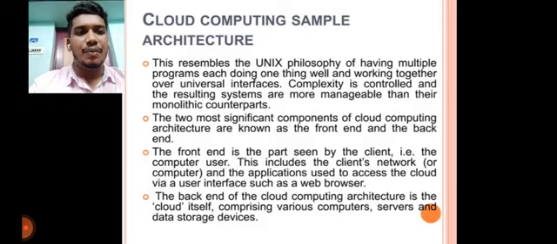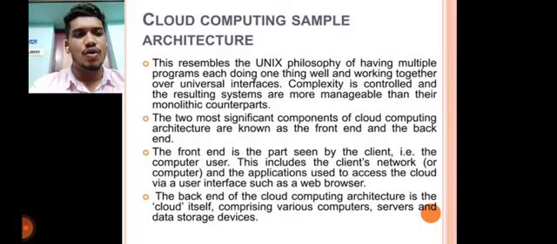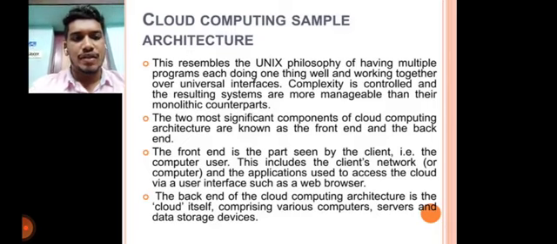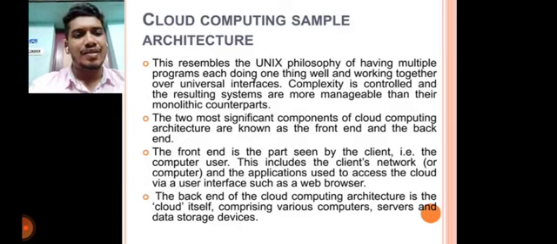Cloud computing sample architectures. They resemble the UNIX philosophy of having multiple programs each do one thing well and work together over a universal interface. Complexity is controlled and the resulting systems are more manageable than their monolithic counterparts. The 2 most significant components of cloud computing architecture are known as the front end and the back end.